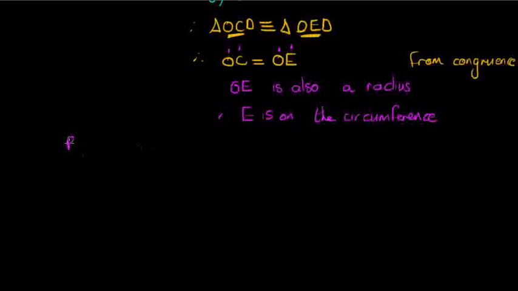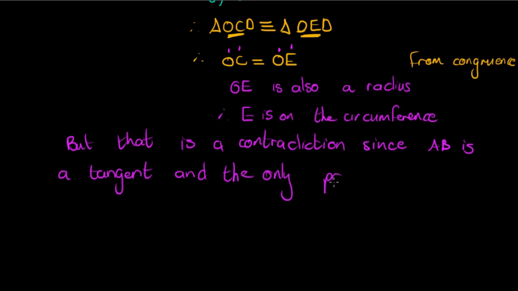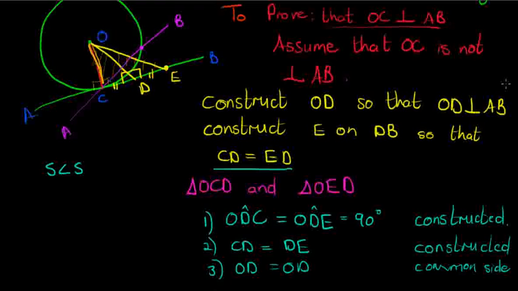Okay, so now you can say that is a contradiction, since AB is a tangent and the only point on the circumference is at C. And if we get to a contradiction, we have to realize that the reason why we get this contradiction is because we assumed something that was wrong.